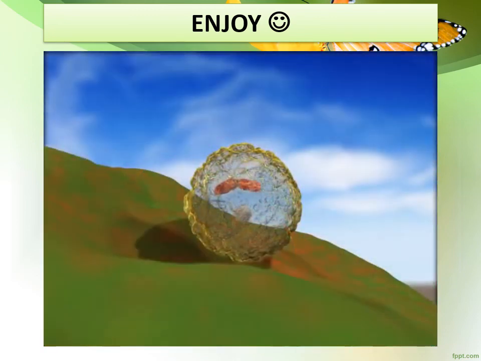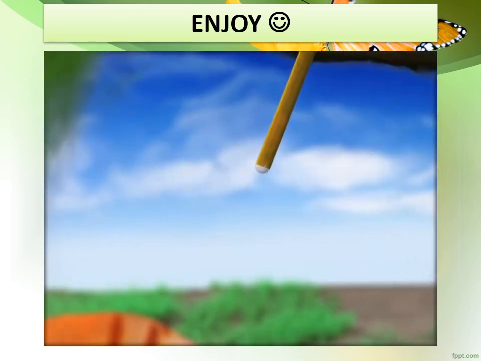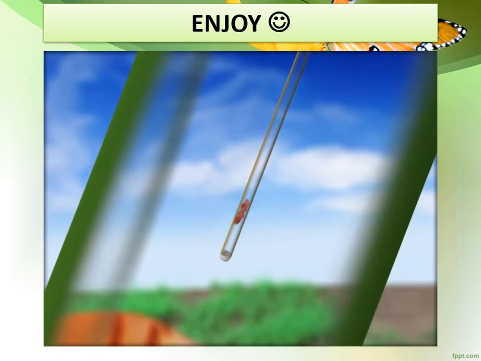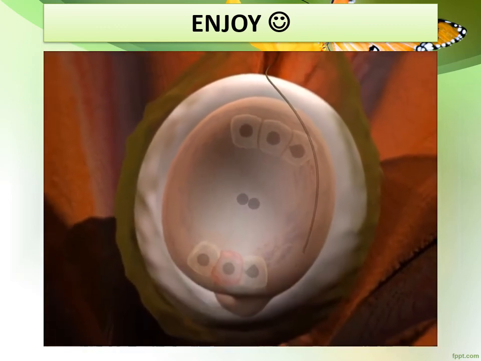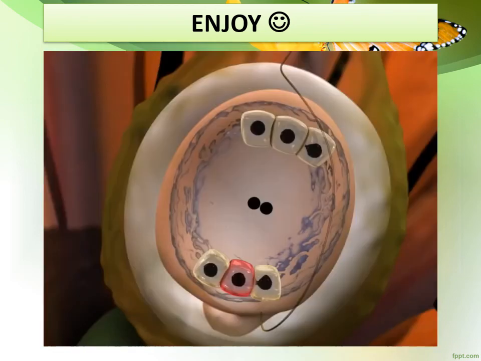Once landed, it begins to germinate. The tube cell forms a long structure down the style and into the ovary. The generative cell travels behind the tube cell nucleus. Once near the ovary, it divides by mitosis to produce two haploid sperm cells. The pollen tube reaches the micropyle and releases the sperm cells into the embryo sac.